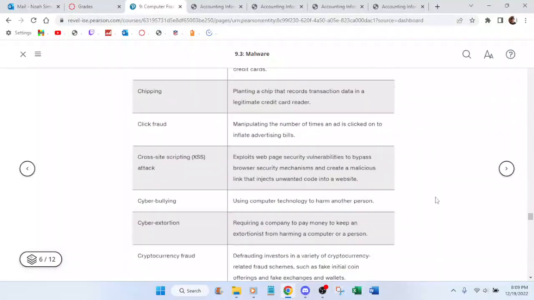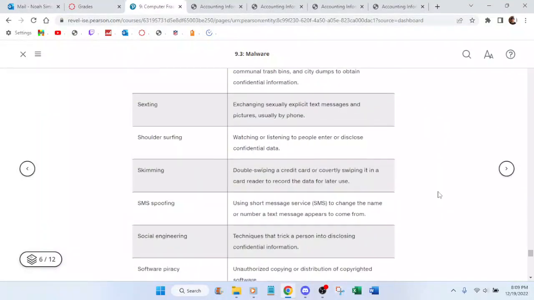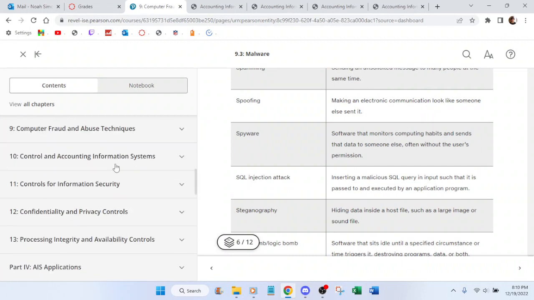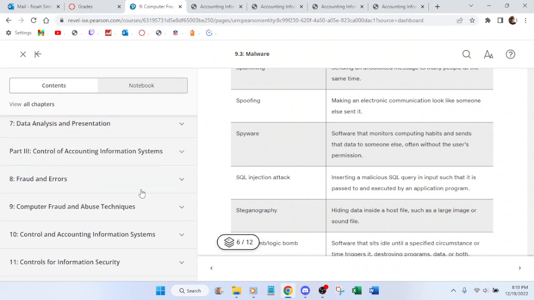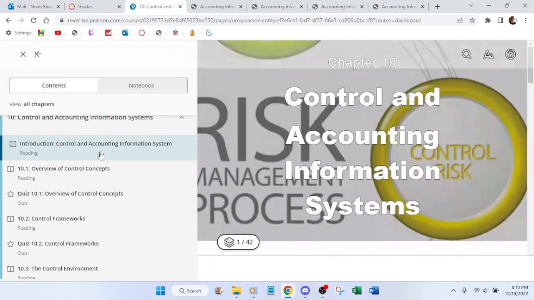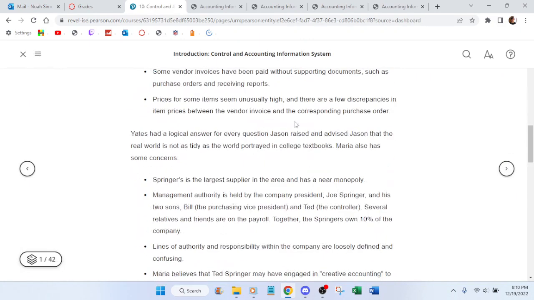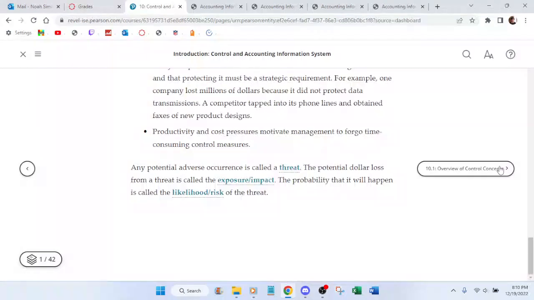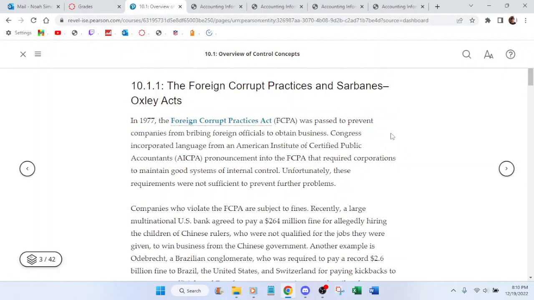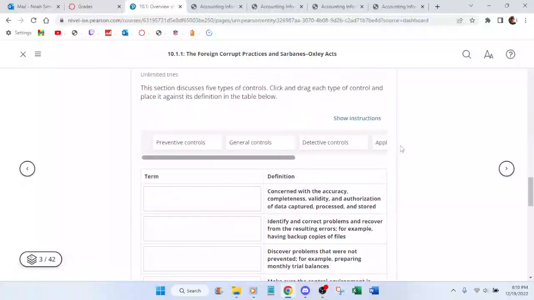Why did I think there was going to be anything in here? Did I just go through chapter 9 like an idiot? Oh my gosh, I'm stupid. I thought I saw something in chapter 10. Oh, okay, fine, I'll check it. Was I going through chapter 9 or 10? Look at how much stuff I would have had to read.